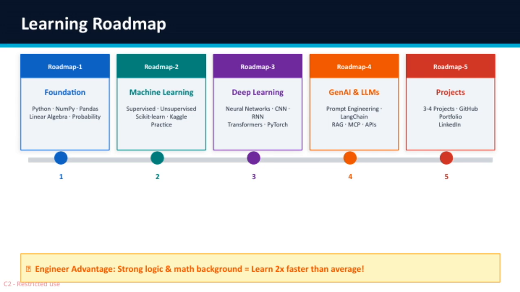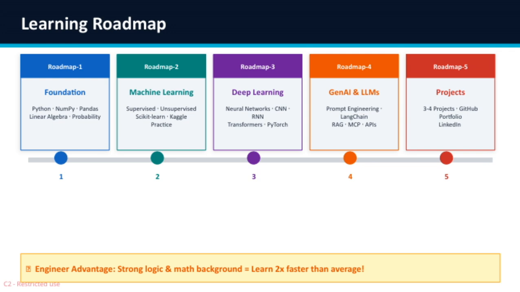Moving further, you'll get comfortable with supervised and unsupervised learning, practicing with scikit-learn and Kaggle. Building this practical experience is crucial. Finally, you'll establish a strong foundation in Python, NumPy, pandas, linear algebra, and probability. This core knowledge supports everything else you'll do in AI and machine learning.